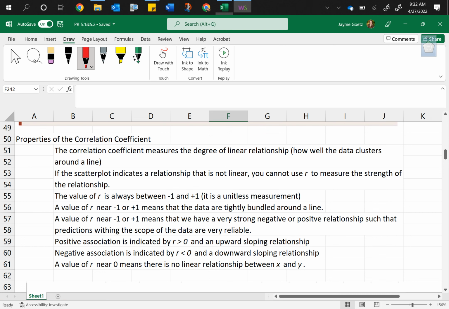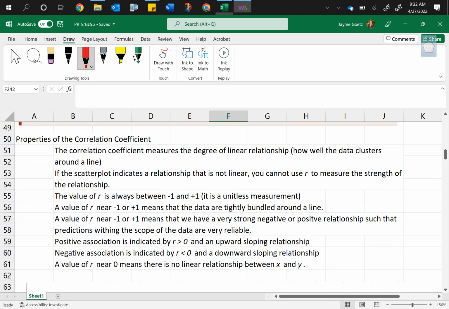That's what it measures. If the scatter plot indicates a relationship that is not linear, you cannot use r to measure the strength of the relationship. That's really important. The correlation coefficient only works with linear data. So if you give me a scatter plot and it doesn't look like a line would work for it, the correlation coefficient goes out the window.